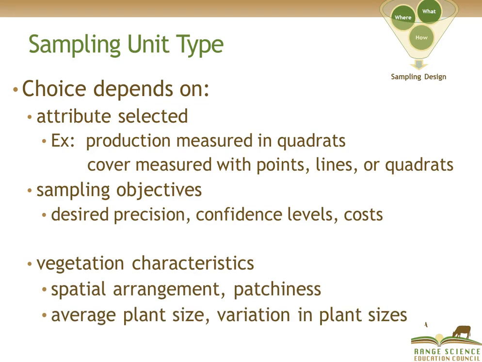This includes the spatial arrangement of plants in the environment, the type of vegetation, whether plants are evenly distributed or clumped into plant patches, the average plant size, and variation in plant sizes all influence our choice of sample unit type.